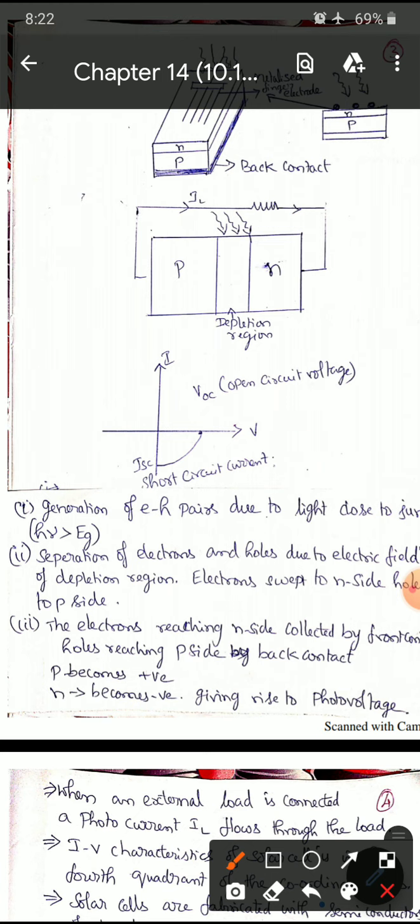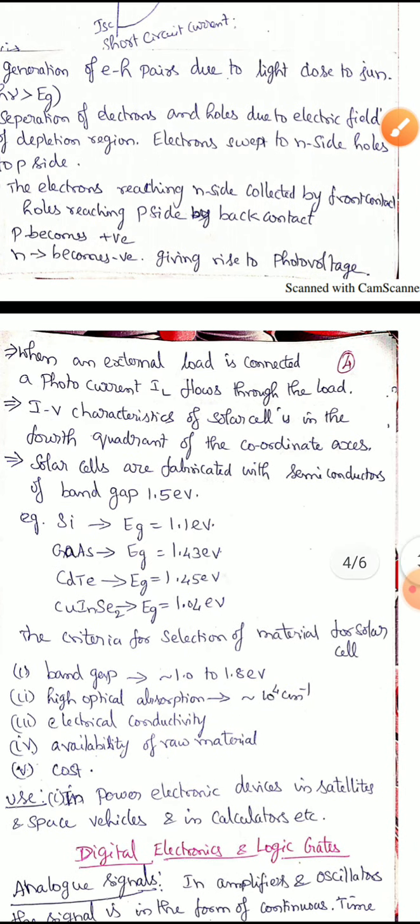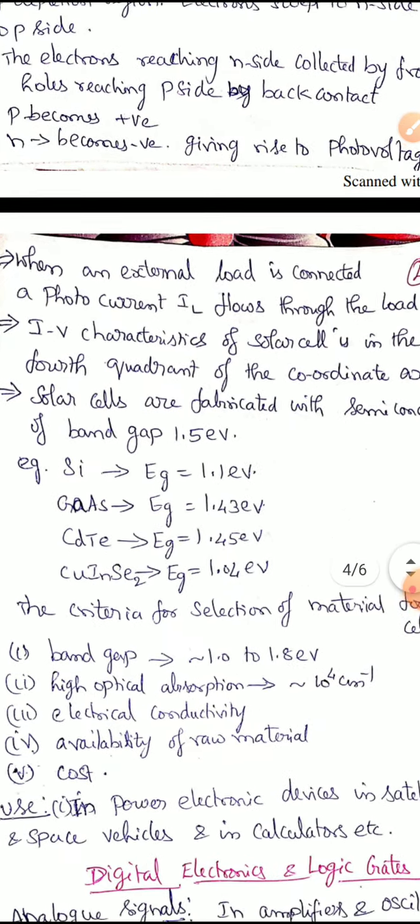The solar cells are fabricated with semiconductors of band gap 1.5 electron volt. See here some examples are given with their energy gaps.